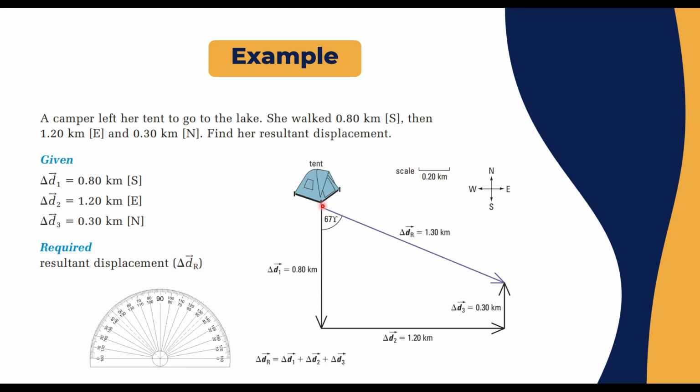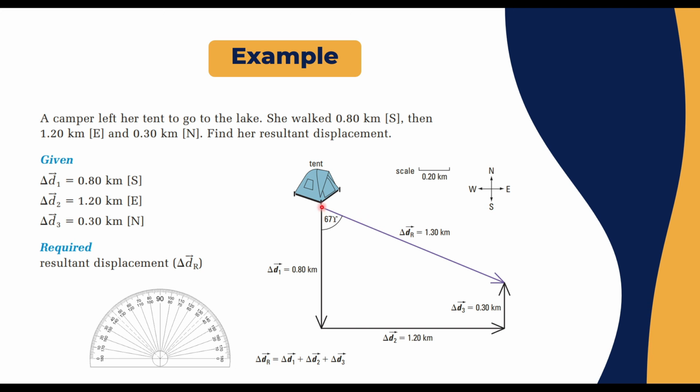Now, that's the tent. The question is saying delta D1, she went 0.8 kilometers south. Then on the head of that first vector, we draw the second one. It's going 1.2 kilometers east. Then D3, 0.3 kilometers north. What is the resultant? From the first tail to the last tip, draw a vector there. That's your resultant vector, and there is an angle to it.